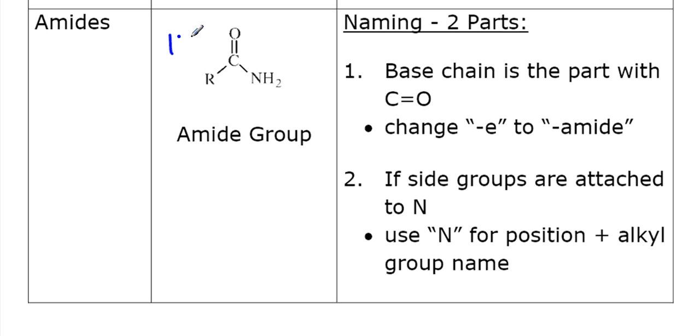This is an example of a primary amide. Primary because here you've got that amino group attached, and it is bonded to one carbon and two hydrogens.